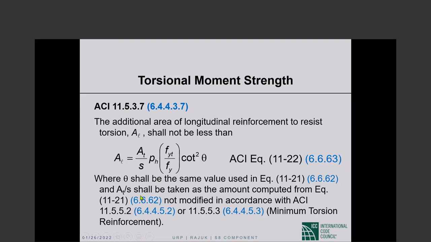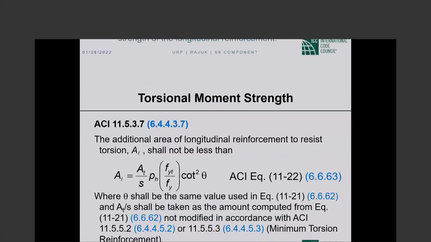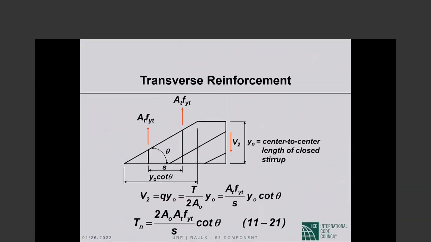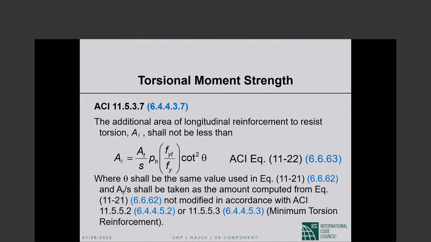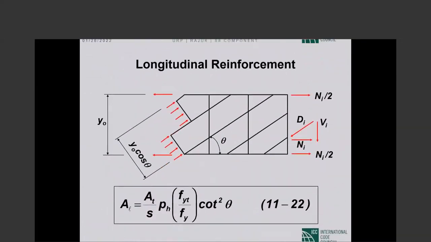where theta shall be the same value used in the previous equation for T sub n, and A sub T over S shall be taken as the amount computed. So A sub T over S shall be whatever we used here. Same A sub T over S will go into the calculation of A sub L, the minimum longitudinal torsional reinforcement that we need.